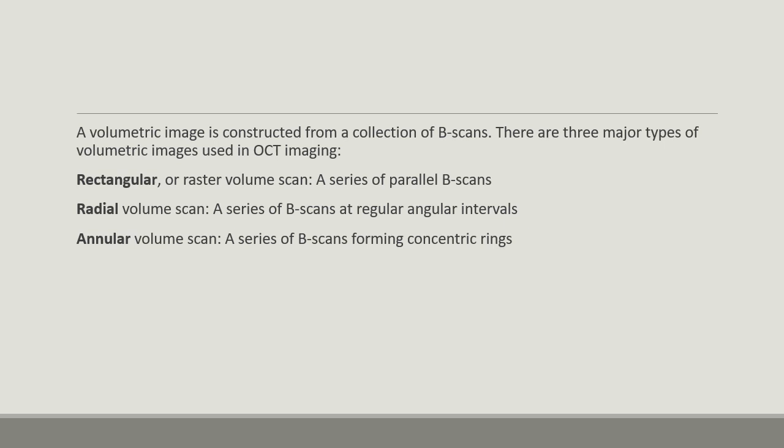Then we have a radial volume scan, in which the B scans are arranged at regular angular intervals. Then you have an annular volume scan, in which a series of B scans form concentric rings to display the images. All three of them have their own importance and use.